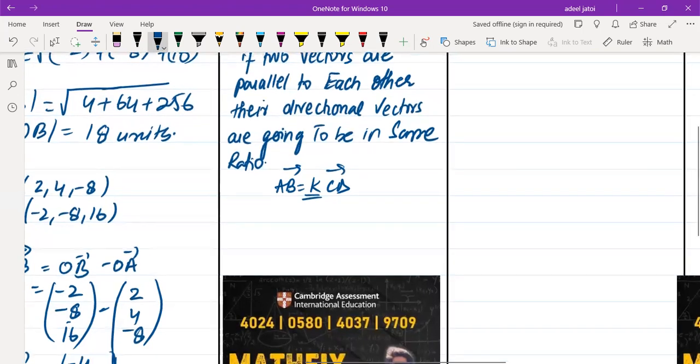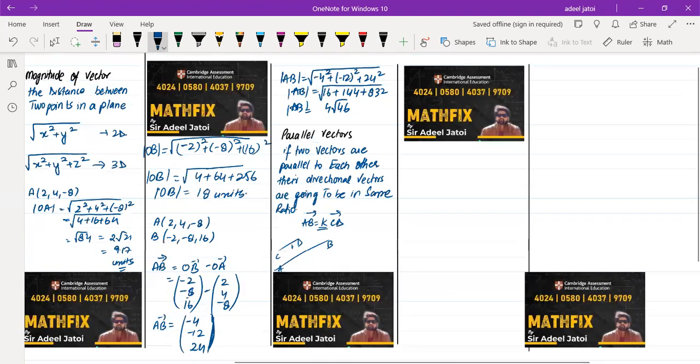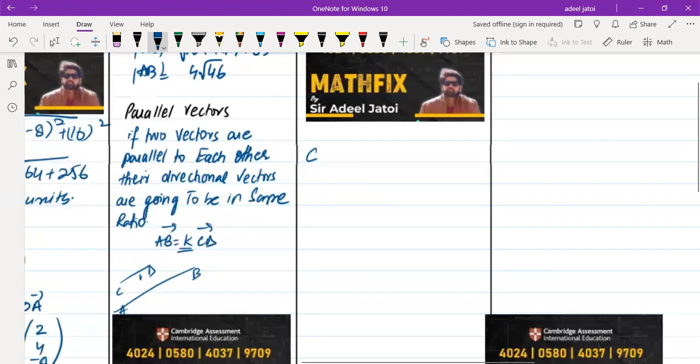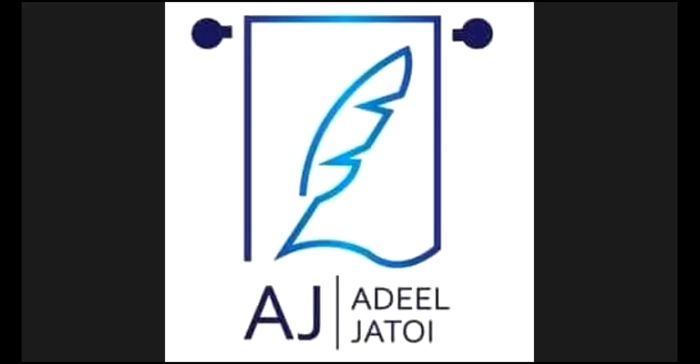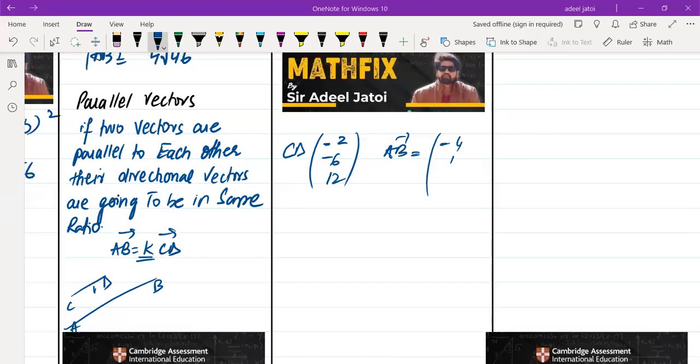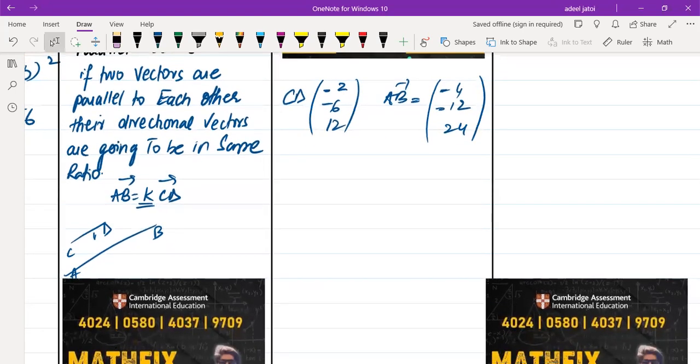Let's say CD, and there is a line that will give me AB. Looking at this, let's say that CD is negative 2, negative 6, and 12, and AB is negative 4, negative 12, and 24.